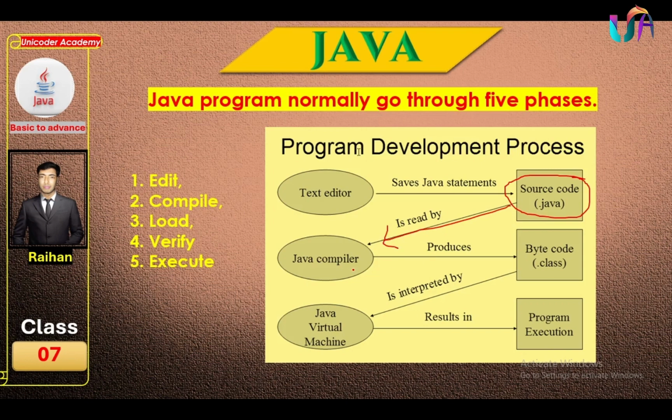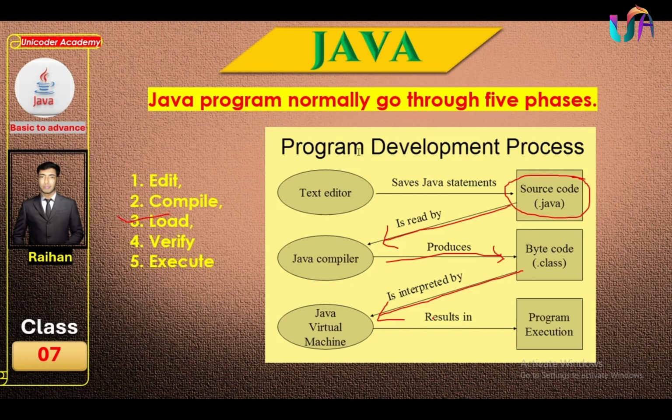The Java compiler compiles your code and transforms it to bytecode. Then the bytecode is loaded. Here you see load your code. When the bytecode is loaded, the code is transferred to the Java virtual machine. What does the Java virtual machine do with your code?